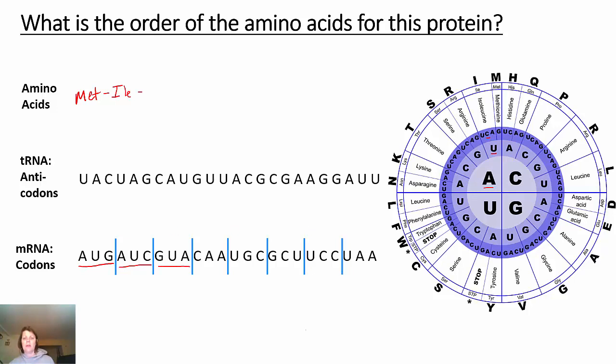GUA, GUA gives you valine. And then CAA, CAA gives you glutamine.